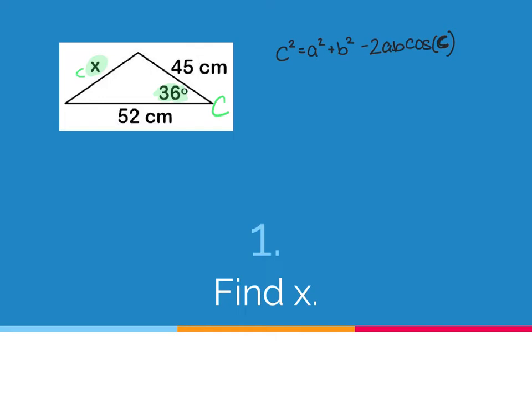So when I go to substitute, I'm going to put x in for my c, and for angle C, so cosine, my angle is going to be 36. My other two, 52 is a side length, 45 is a side length. I can pick either one of those to be a, either one to be b. So let's just call 45 a and 52 b.